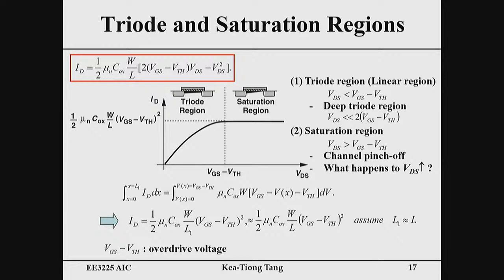If your VGS is larger than the threshold voltage, the transistor is on. Assuming the transistor is in the saturation region, then the dependence will be ID equals 1/2 mobility times C oxide times W over L times (VGS minus VTH) squared, right?